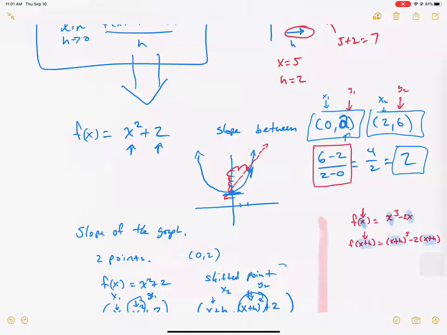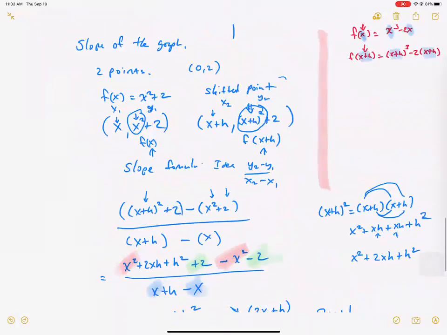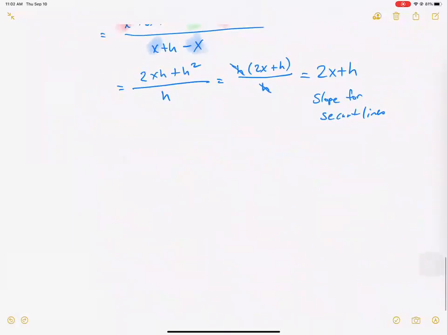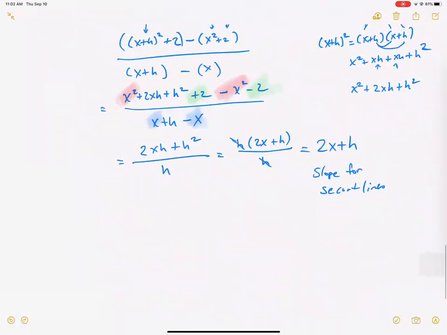But what if I told you, here is my slope equation? Let me ask you the question, what do I need to plug in to make this work? I need an x and an h.